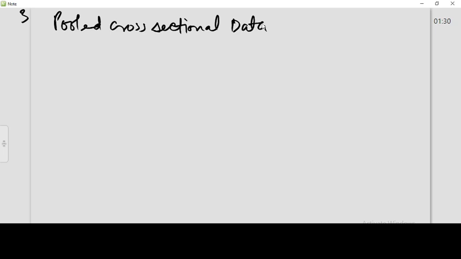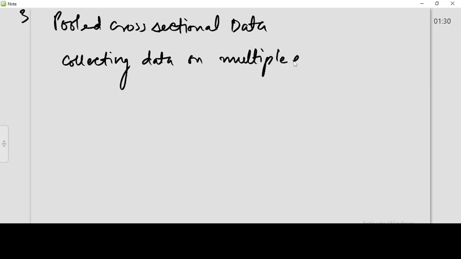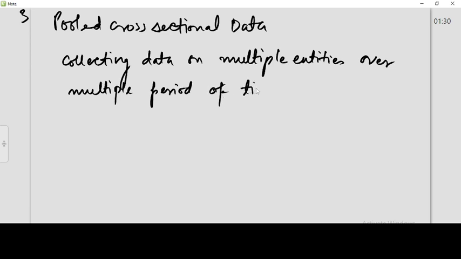In the case of pooled cross sectional data, you are collecting data on multiple entities over multiple points of time.